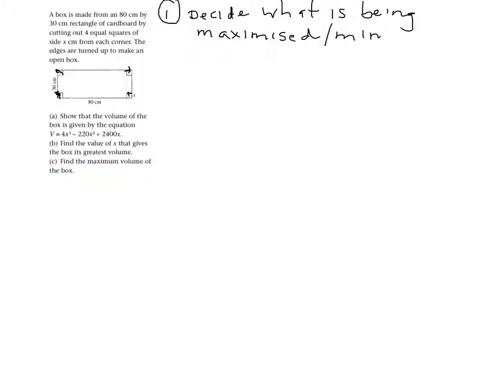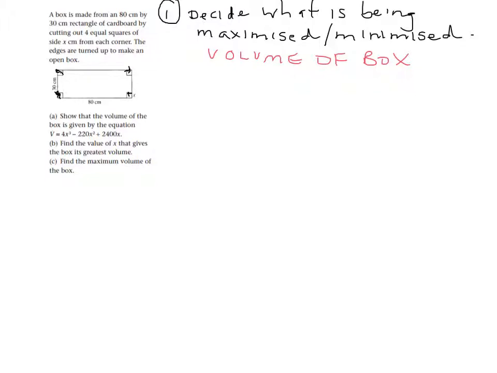And in this case it's volume. So we need an equation for volume, the volume of the box. So we need to look at the length by the width by the height and get some dimensions for that.